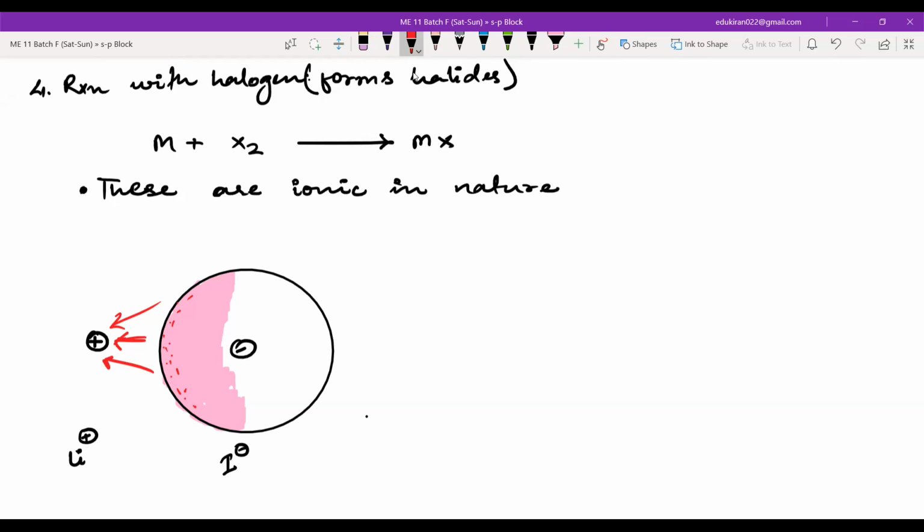The valence electrons of iodine will be far away from the nucleus, and that is why this lithium positive charge will be able to distort the electron cloud, and it is going to form something like this.